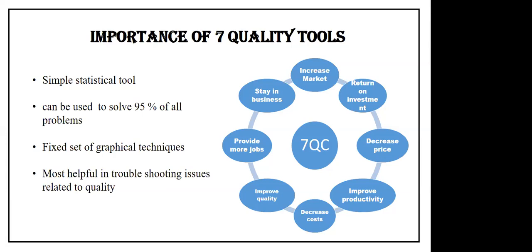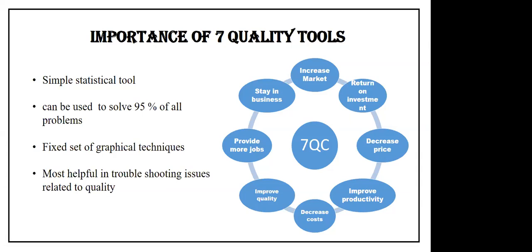Now, let us move to the content. Importance of 7 quality control tools. 7 quality control tools are simple statistical tools used for problem solving. These tools were either developed in Japan or introduced to Japan by quality gurus such as Deming and Juran.